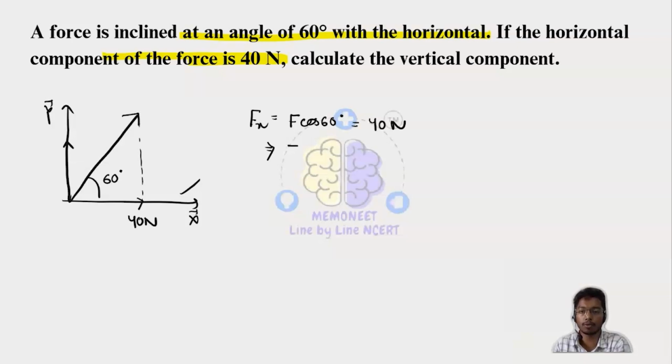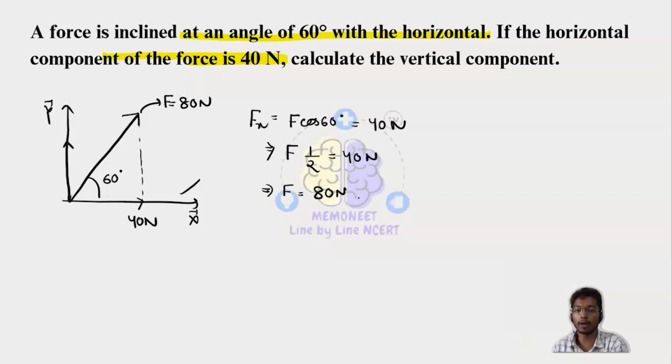So F into cos 60, and cos 60 is 1 upon 2, is equal to 40 Newton. So the value of the force will be 80 Newton.